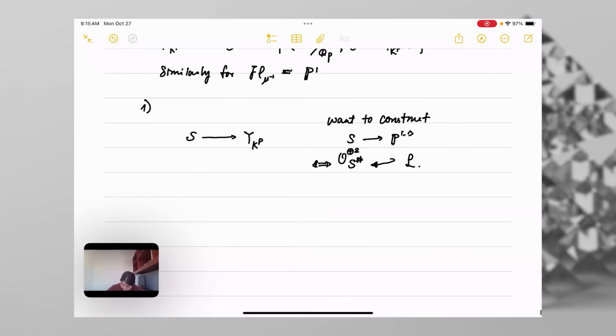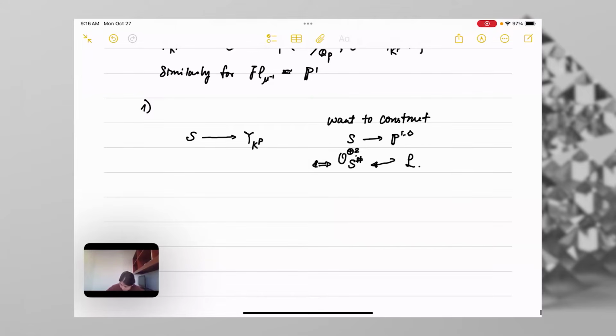So this map to the P^1 diamond also entails choosing an untilt of S over Q_p, but this one is already specified by the map to Y_K^{∞}.